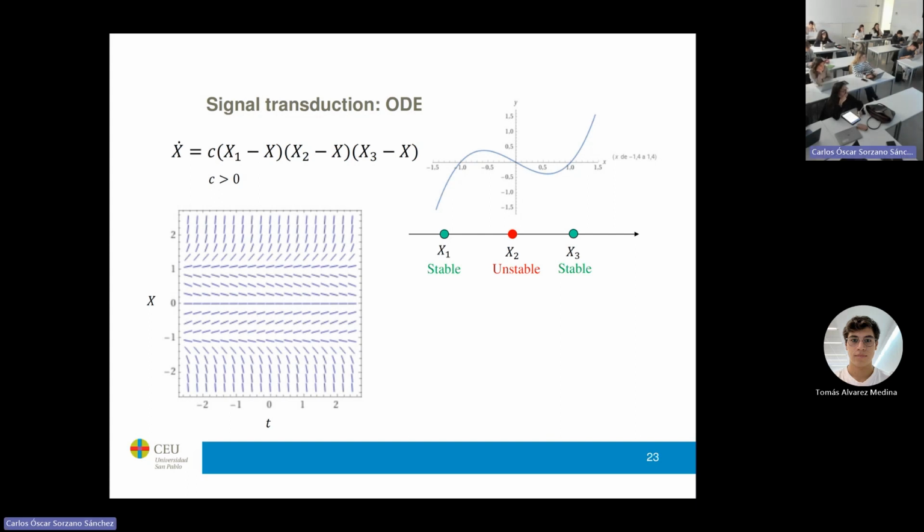But these two critical points are stable, and x2 is unstable. So let's describe the movement of this. This is an unstable critical point, while this one is stable.